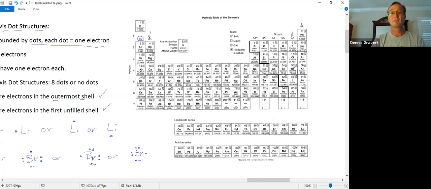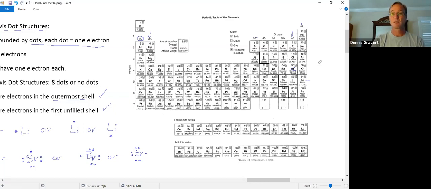Bromine is found in the 4th row. We're filling the 4th shell. There were 2 electrons that were 4s. Then there were the 10 3d electrons. Wait, that's not 4th shell. Once you get to element 31, you're in the 4th row, p block, and you put in 5 electrons.